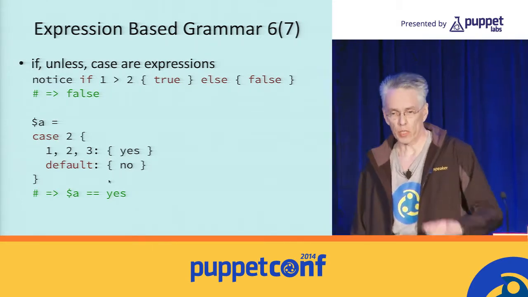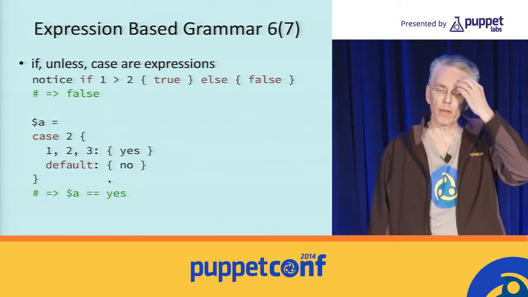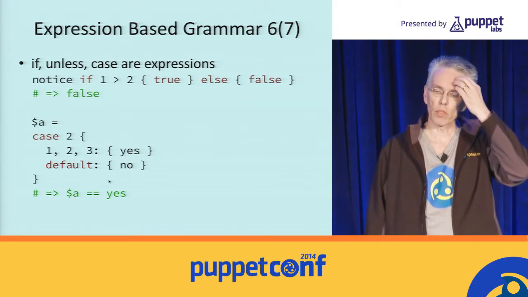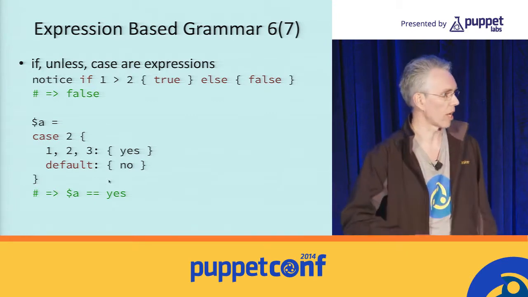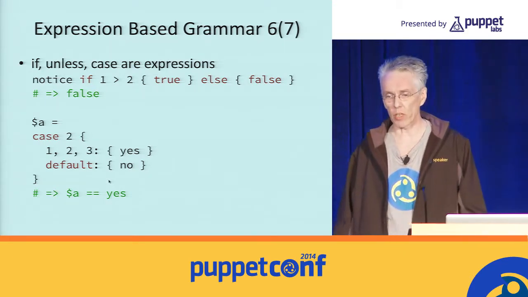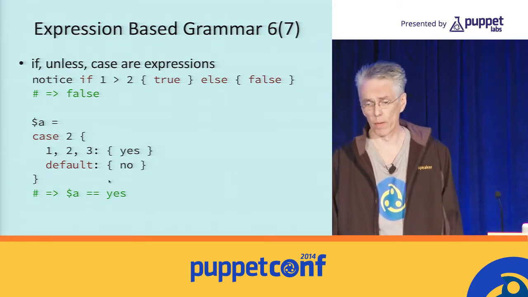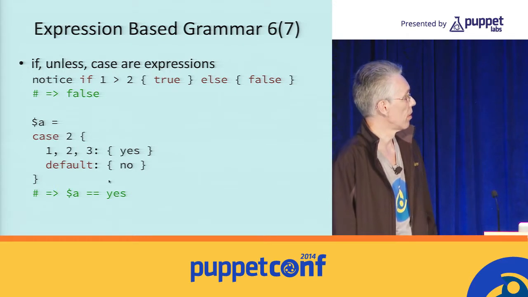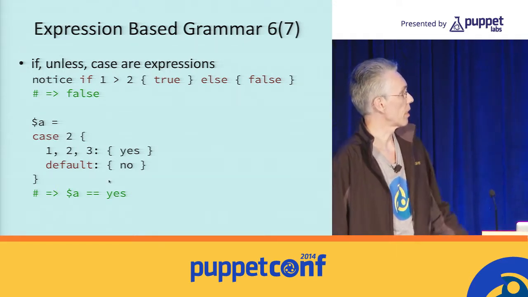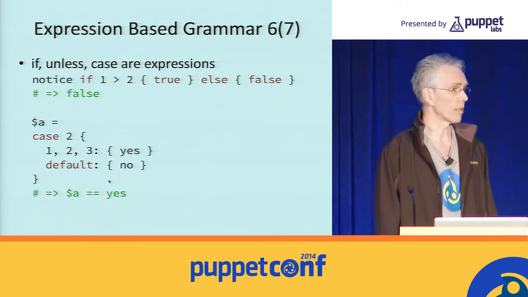Now, since everything is an expression, there's no difference really between the different types of things you are expressing in the language. So for instance, if and case are now expressions. They produce an R value. So you can do things like this. Earlier, you had to assign the result to a variable first and then notice it.